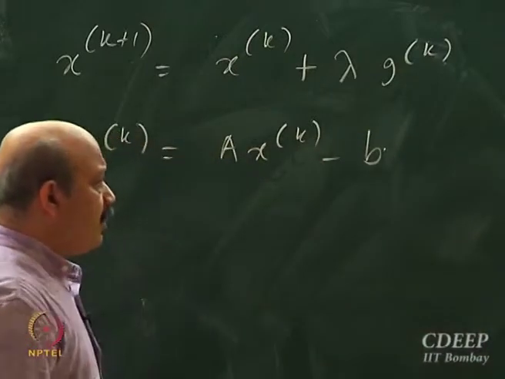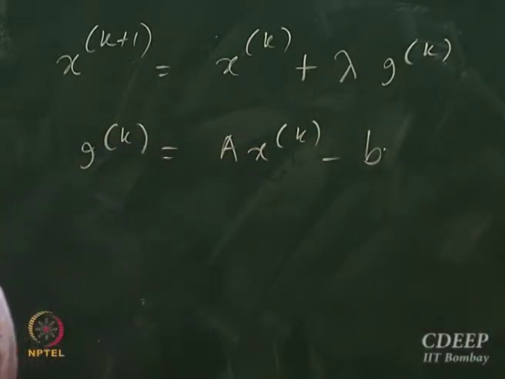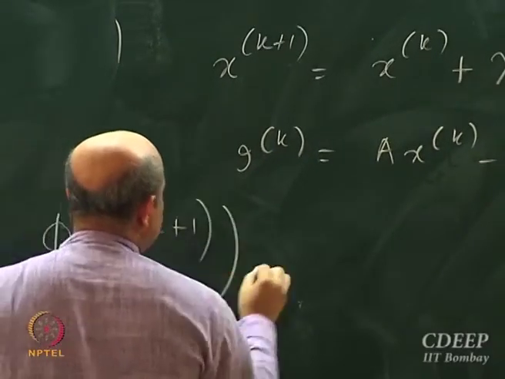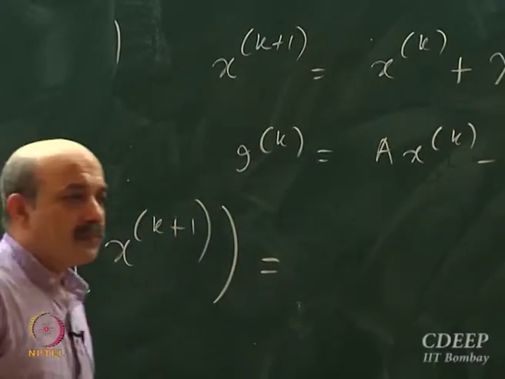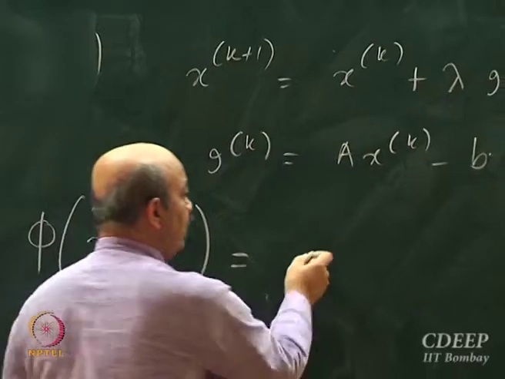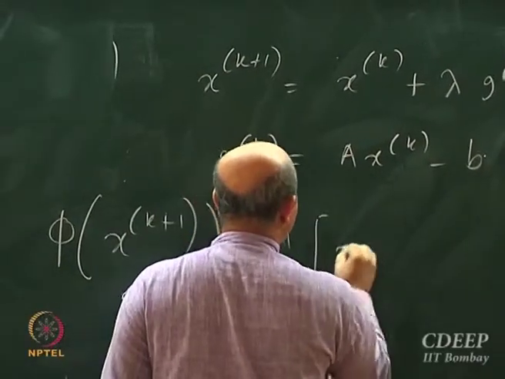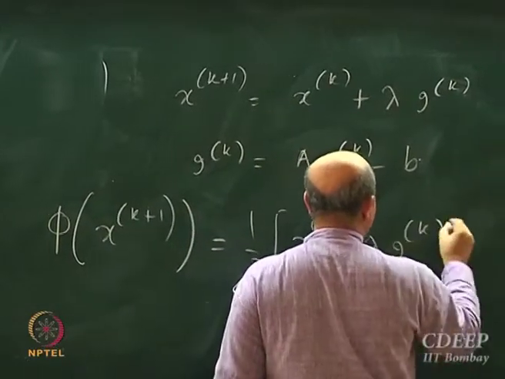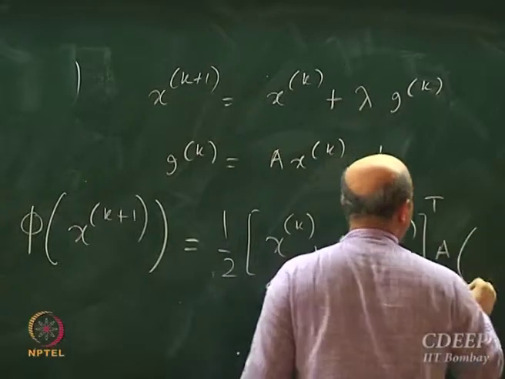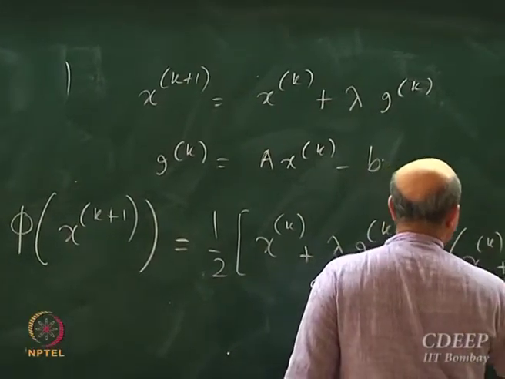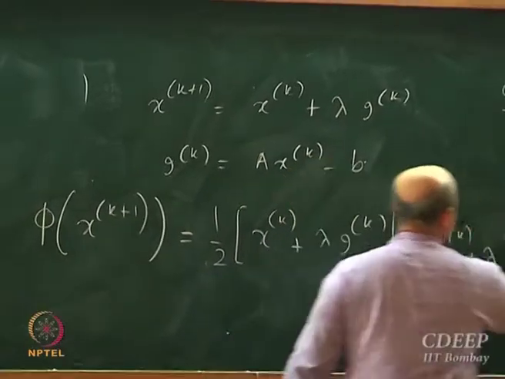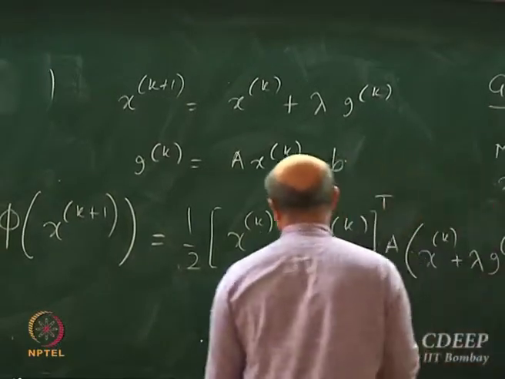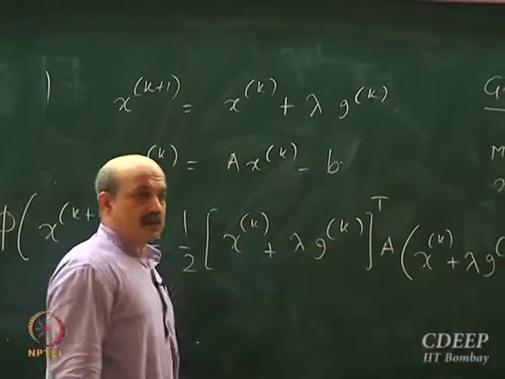What is the step length minimization problem now? What will be phi of xk plus 1? It will be half of xk plus lambda gk transpose A xk plus lambda gk, minus the corresponding linear term.